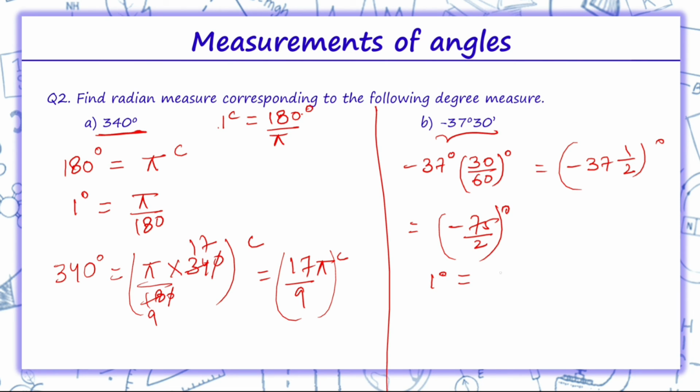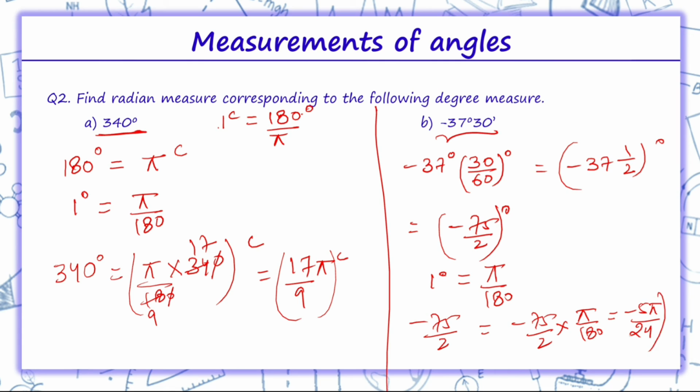Now we know 1 degree is pi by 180. So minus 75 by 2 degree will be minus 75 by 2 into pi by 180, which will be written as minus 5 by 24 radian. So this is how we can solve the questions of converting radian into degree and degree into radian.